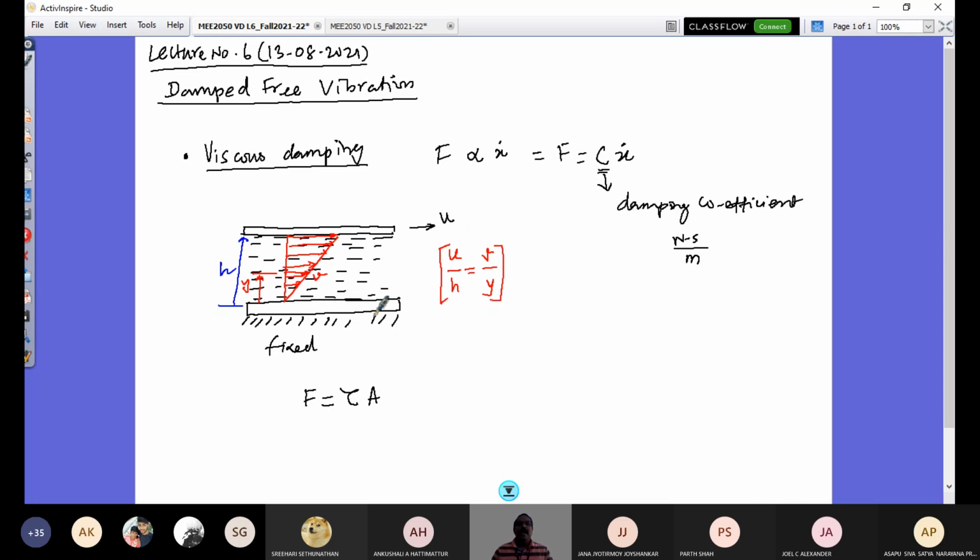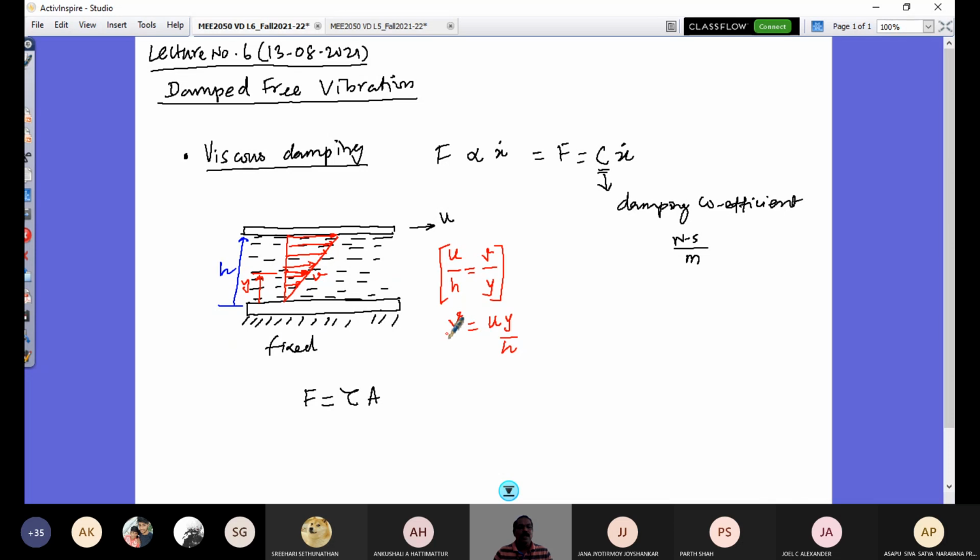So from this, I get an elemental fluid film at a distance y. I look at its velocity v. If that is so, its velocity v is given by u into y by h. Right? And now, why do I have this? It is to define the shear stress in the fluid layer.